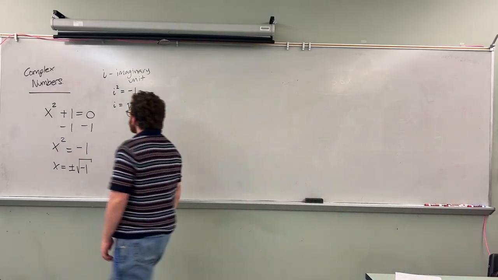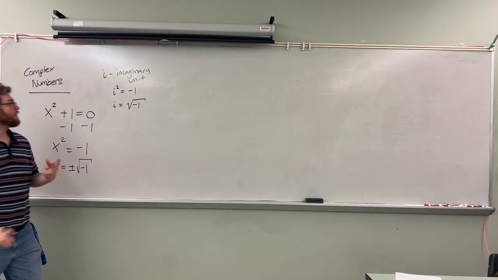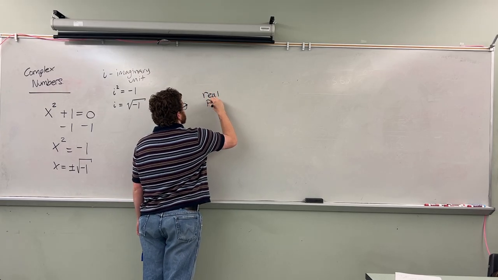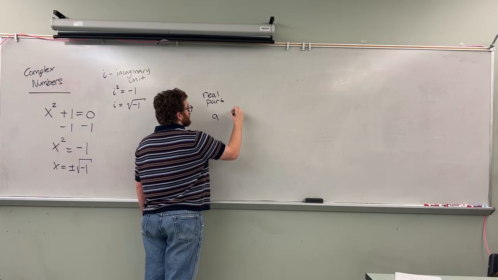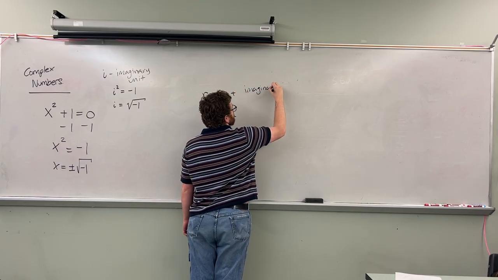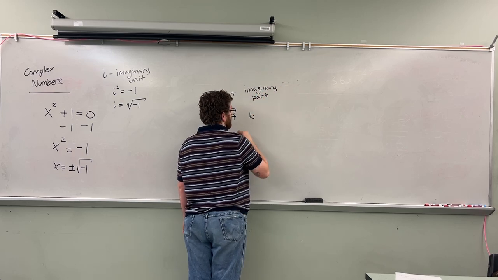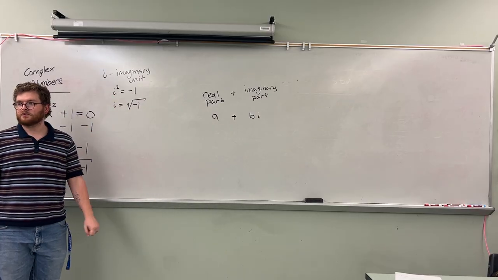All right. In general, if I want to talk about a complex number, I have two parts. I have the real part, a, plus the imaginary part, which is some number b times the imaginary unit, the square root of -1.